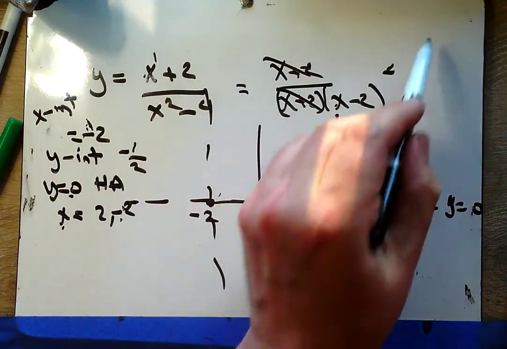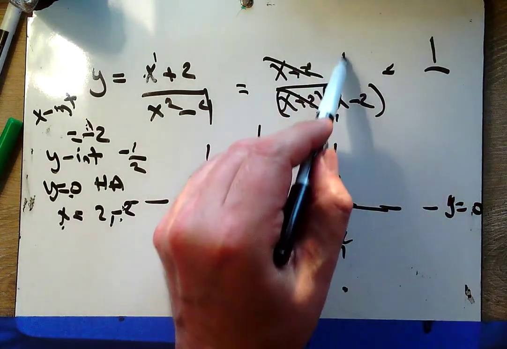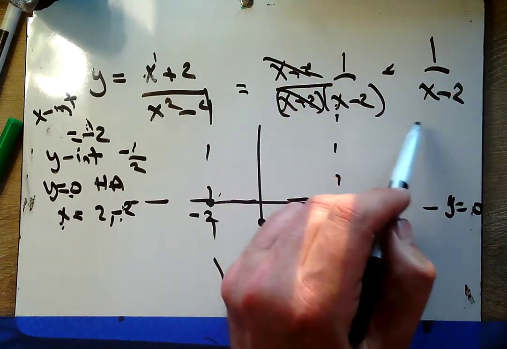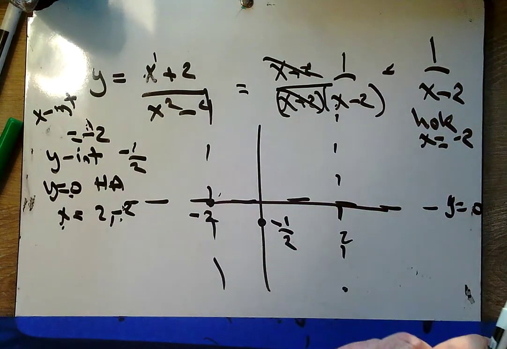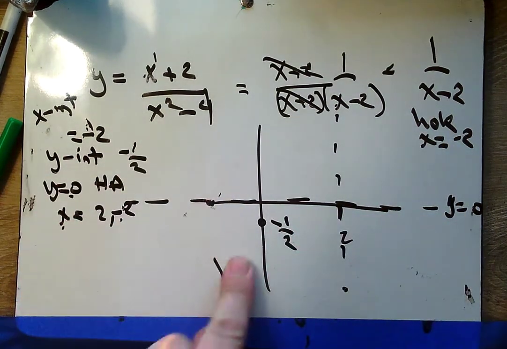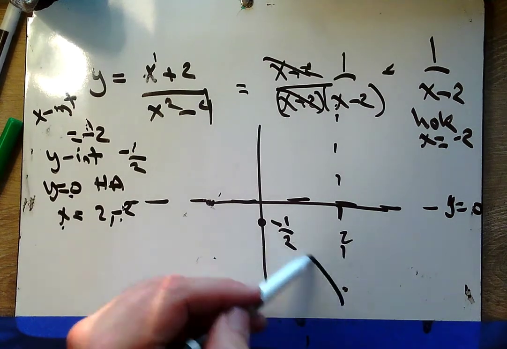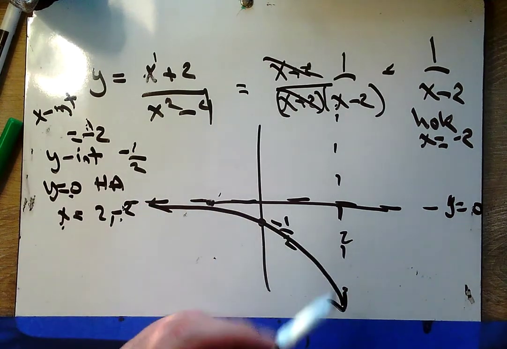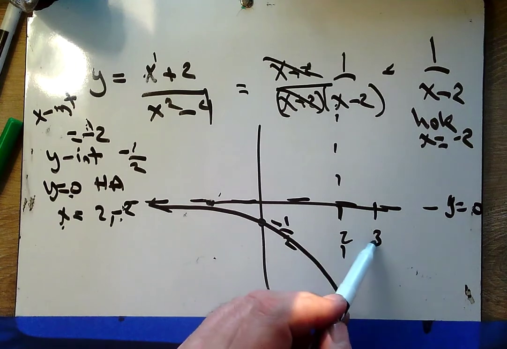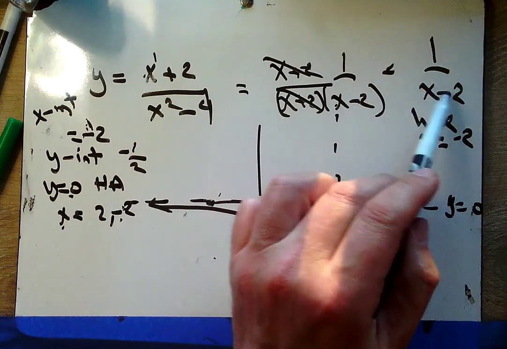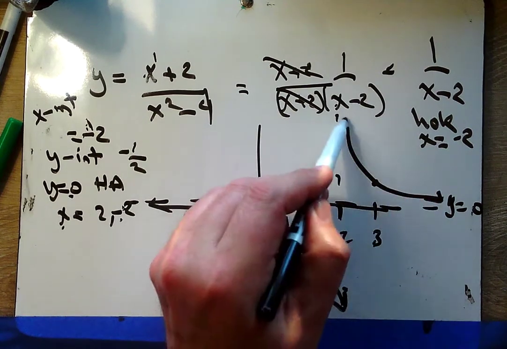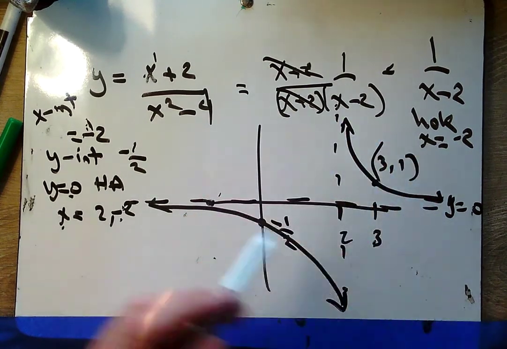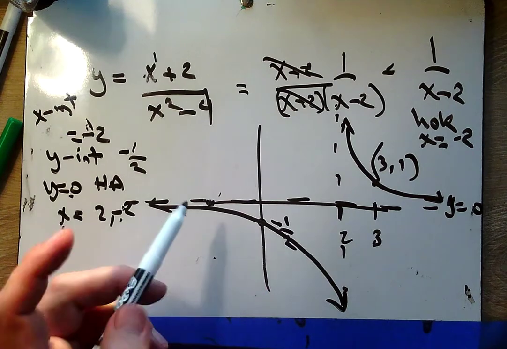And remember what we're graphing. We're graphing what's left over, but we're remembering to put a hole at x equals -2. Okay, so that's not there. I am going to bend to my asymptotes, and over here I'm going to plug in a test point. 3 minus 2 is 1, 1 over 1 is 1. But there's a hole. Where was the hole?